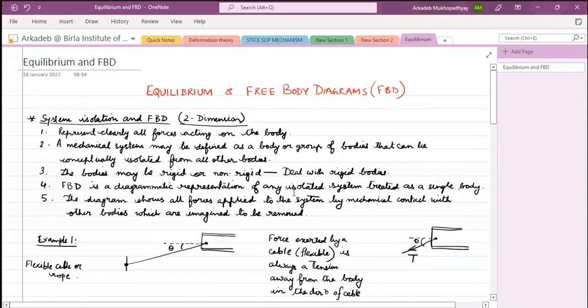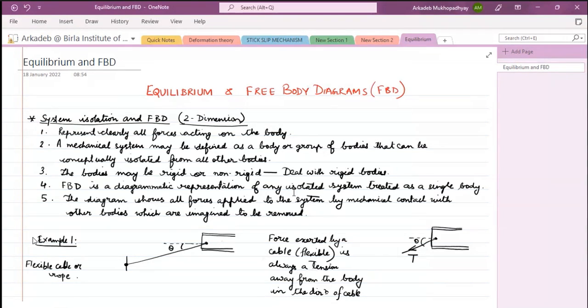So in today's class, you have learnt about system isolation and free body diagram. So basically, what do we do in free body diagram? We represent clearly all forces acting on the body. Basically a mechanical system. The bodies may be rigid or non-rigid. Here we are going to deal mostly with rigid bodies.